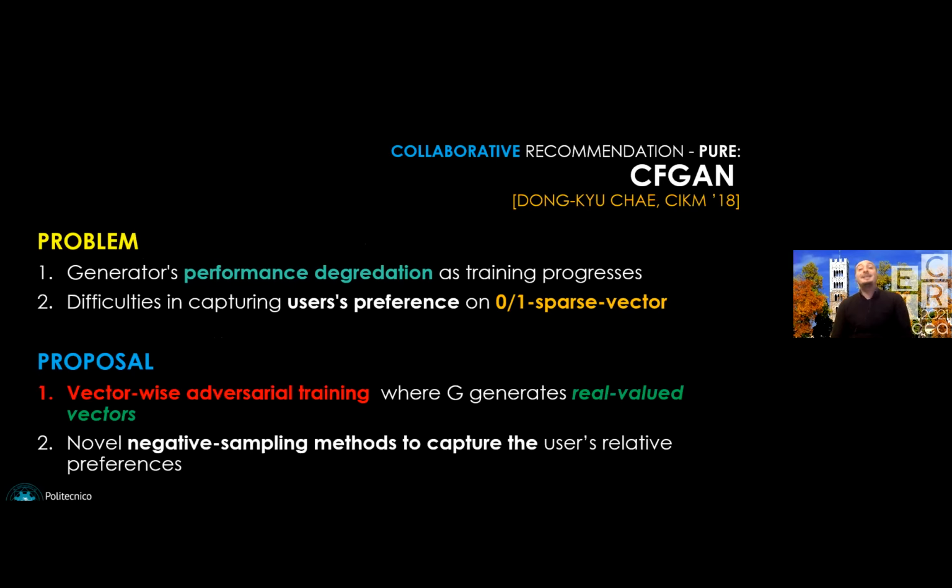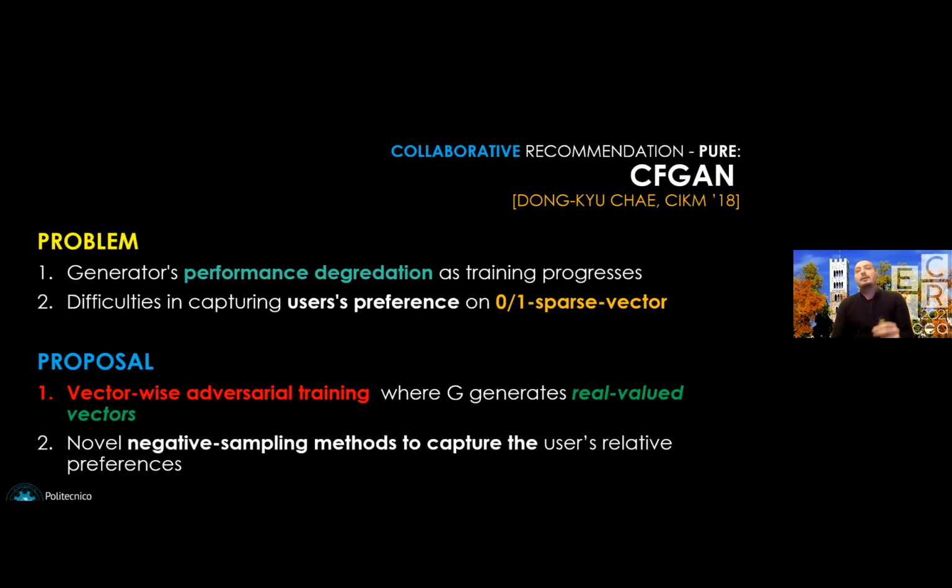That is CFGAN. CFGAN has been proposed to address some important issues in IRGAN. In particular, we can see that there is an important flaw in IRGAN, that is a performance degradation that we can observe.